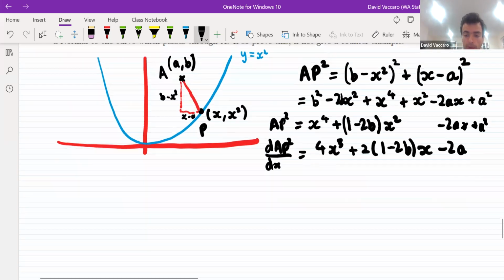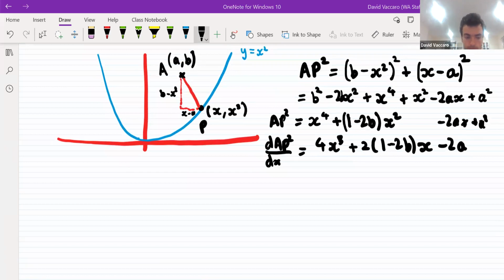Okay, and what type of equation do I get to solve? So I end up here with a cubic equation. I end up with the equation 4x cubed plus 2(1 minus 2b) x minus 2a equals zero.